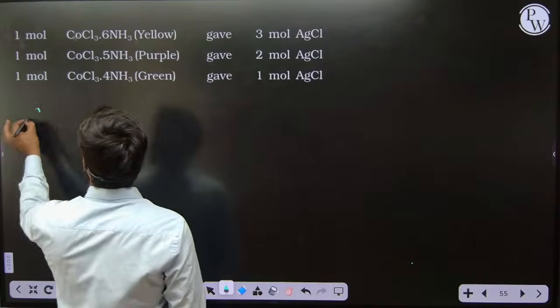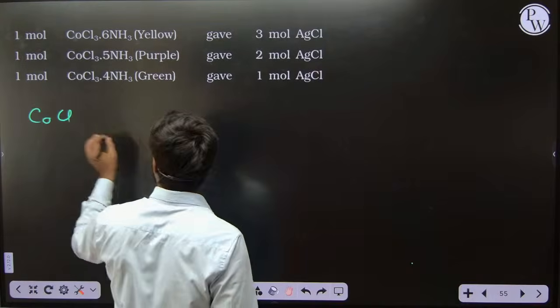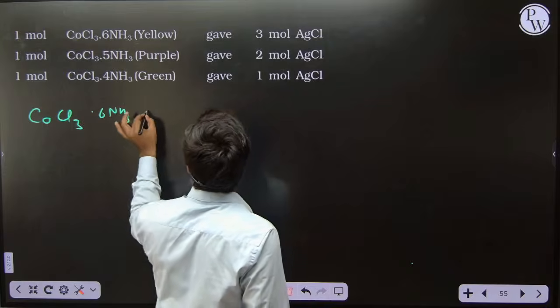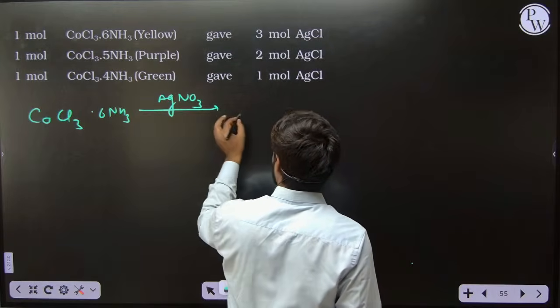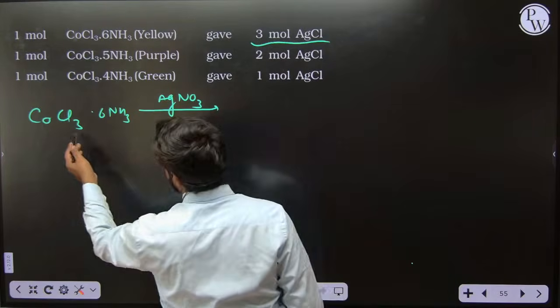Next is the experiment which gives the result. Werner did the experiment with CoCl3 with 6 NH3 on reaction with AgNO3. It gives 3 moles of AgCl. That means the 3 chloride ions are free.